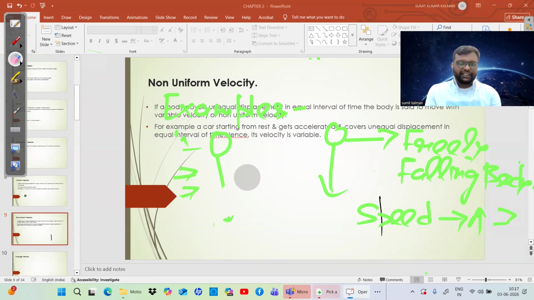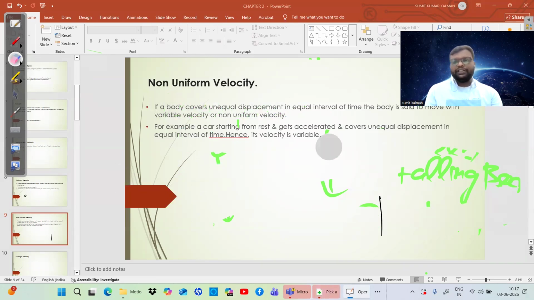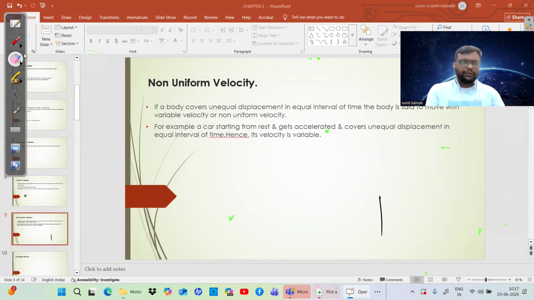Now next, suppose a particle is moving along a circular path. Then what will happen?